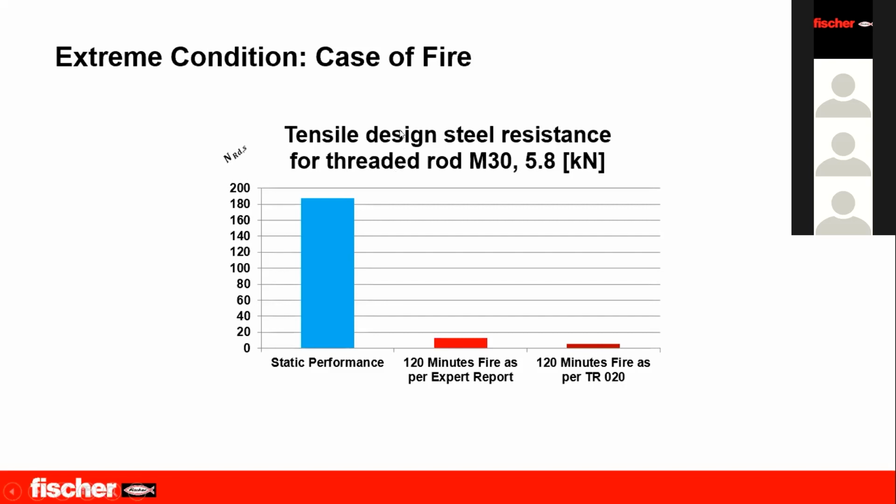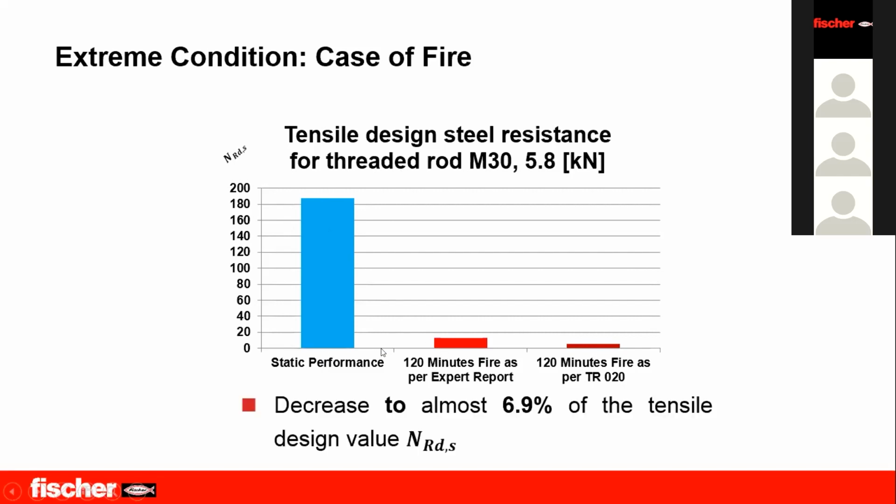If the threaded rod in static performance can hold around 180 kilonewton, at 120 minutes of fire the load will decrease to around 10 kilonewton, almost 6.9% of the design value. So this should be the focus.